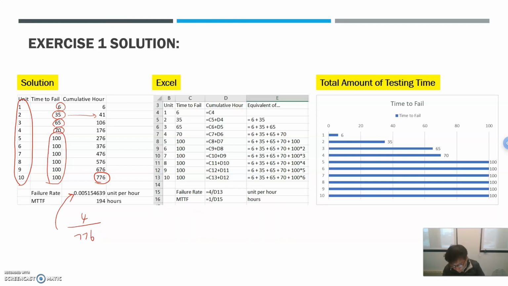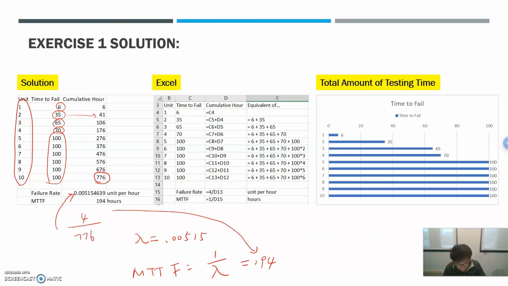It means our lambda is 0.00515. You have 0.005 failures per hour. And what is MTTF? Our calculation tells us this is 194.